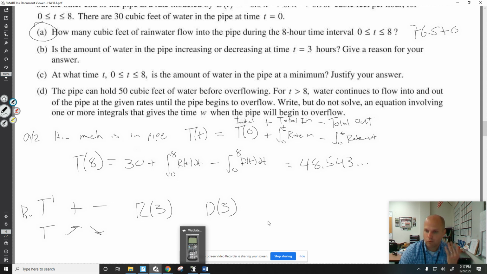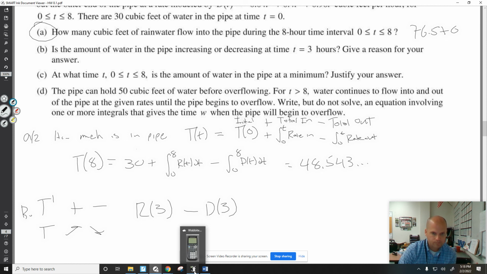And they're like, oh, if the rate in is bigger than the rate out, then I'm adding. And that makes sense. Well, let's think. If this is bigger than this, and I subtract them, what's going to happen? We get a positive number. If you get a positive number for a derivative, the amount's increasing.